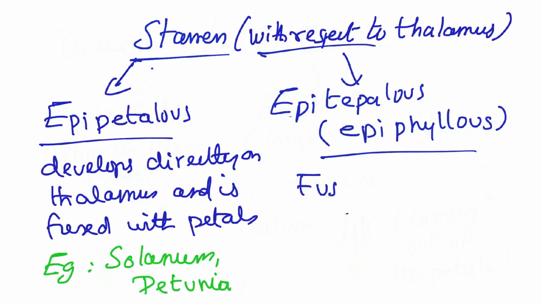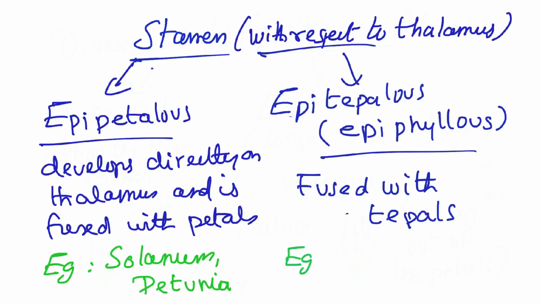Here the stamens are fused with the tepals. That's an important point, and a very famous key example, which is usually important as far as the examination is concerned, is Asphodelus. So Epipetalous and Epitepalous. Those are the two divisions in this particular aspect.